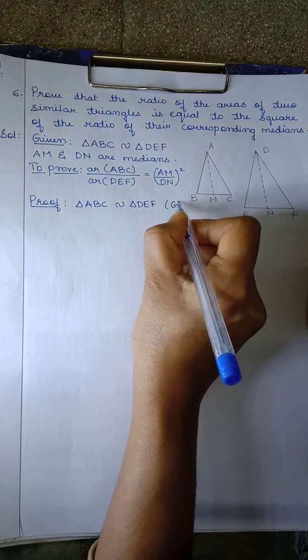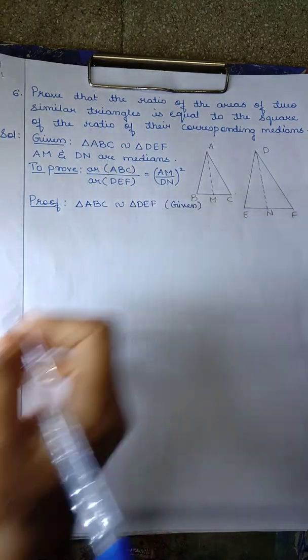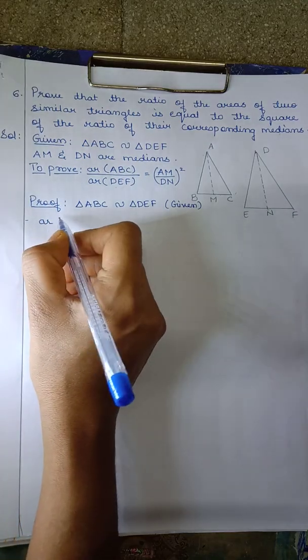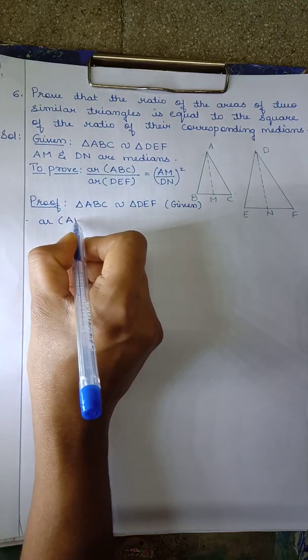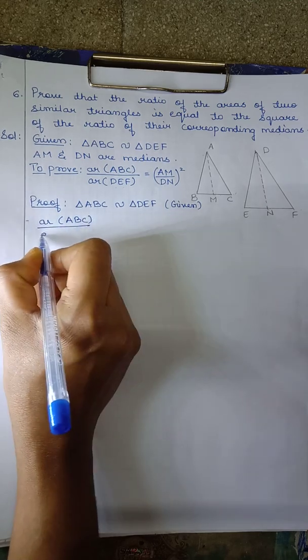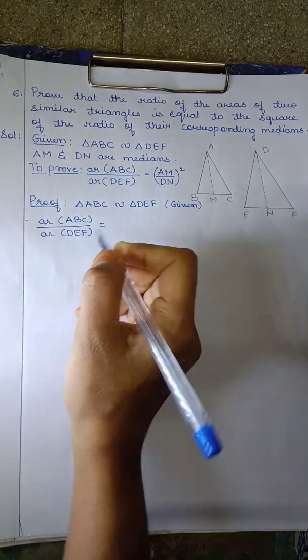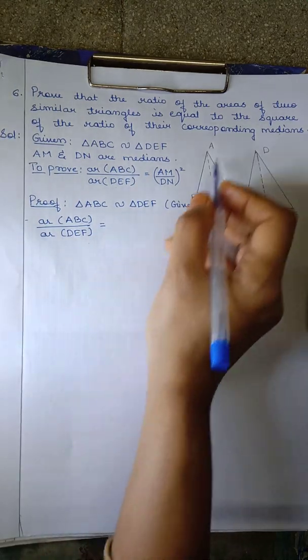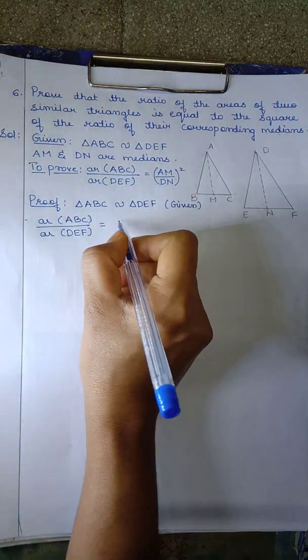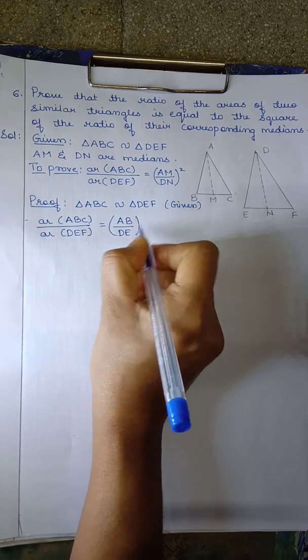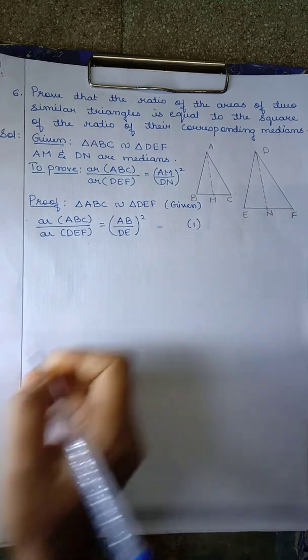Okay, this is given. So now when two triangles are similar, we know by the theorem that the ratio of area of triangle ABC upon area of triangle DEF is equal to the square of their corresponding sides. So we will take one side, AB upon DE whole raised to square. Okay, let this be equation 1.